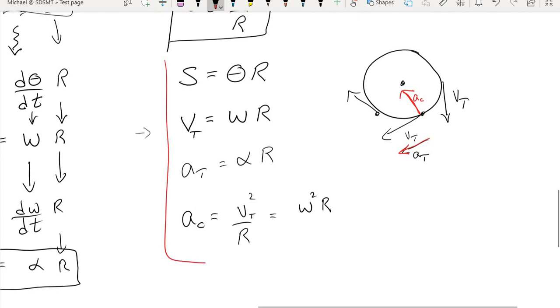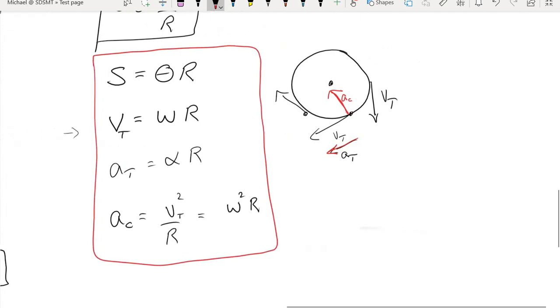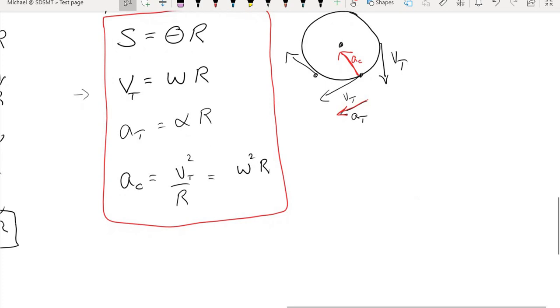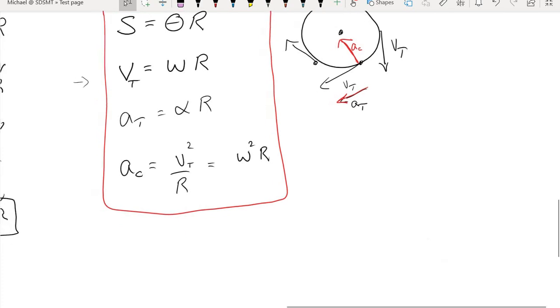And now what we have is a system of equations that allows us to switch back and forth between the angular motion and the physical motion at any point on the circle.